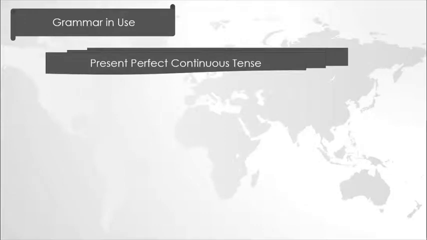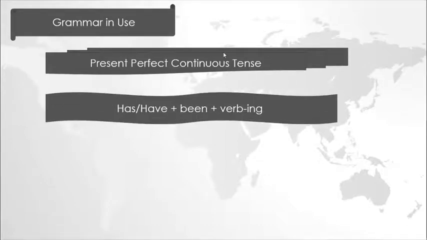This second is present perfect continuous tense. Present perfect continuous tense. It has this structure: has or have plus been plus verb with ing.